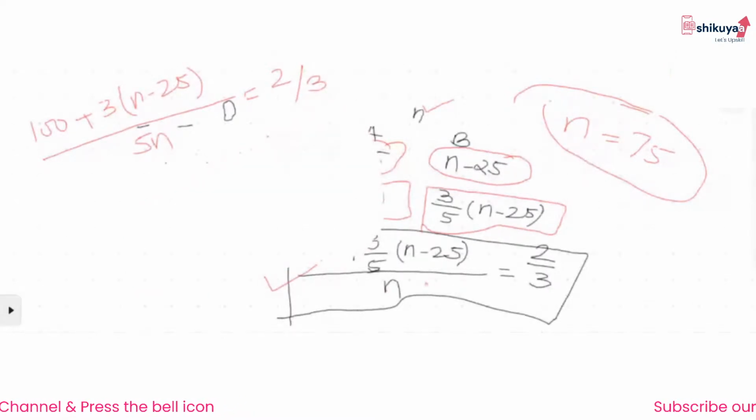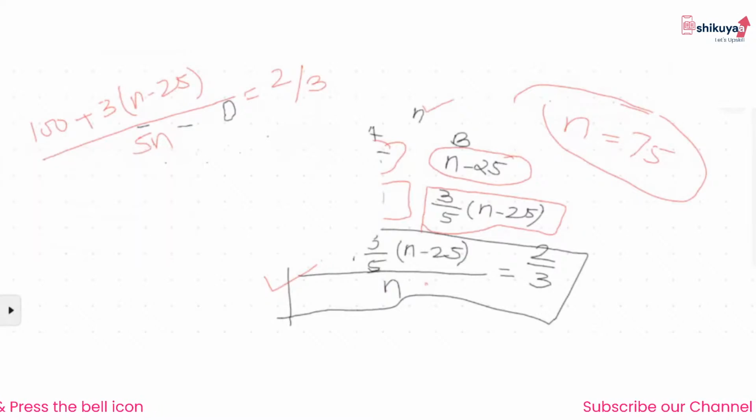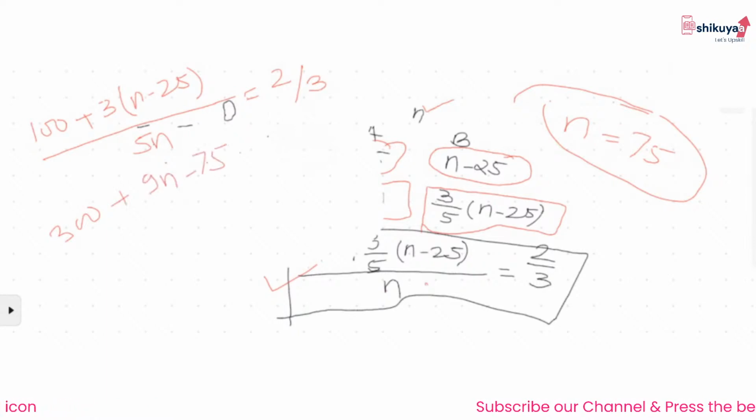This is the equation that we are supposed to solve. So ultimately 300 plus 9n minus 75 is equal to 10n. You can solve and you can get the correct answer. That's not a big deal.